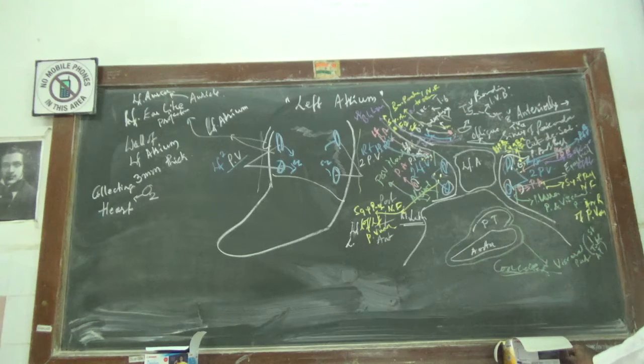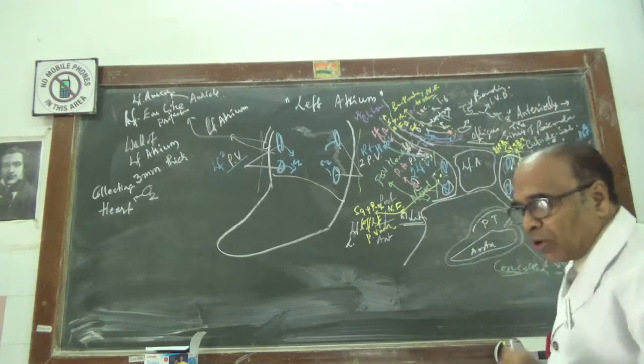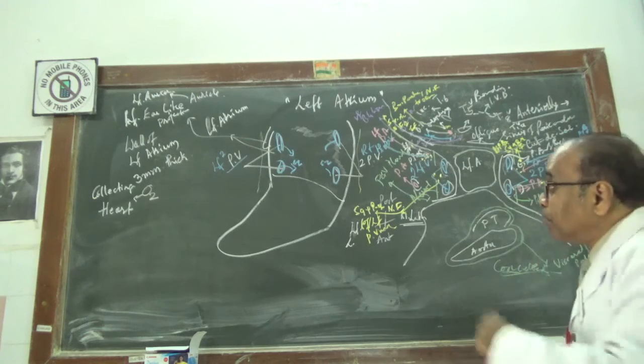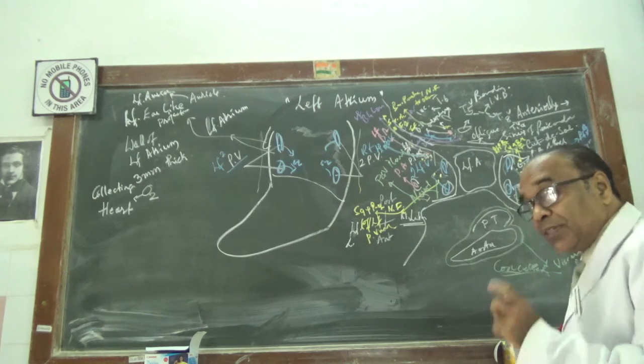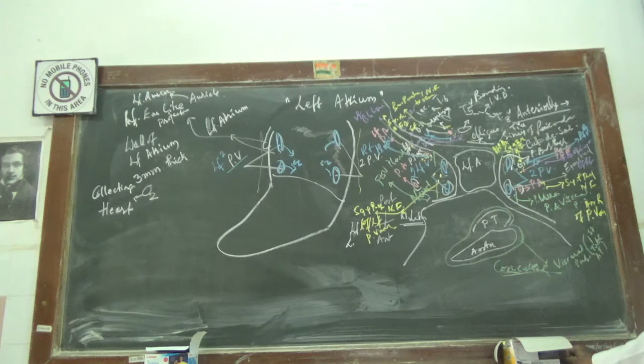So this is an auricle of the left. But this auricle of the left is a little bit thicker compared to the auricle of the right. If you feel it, it is much thicker, and the right will be thinner.